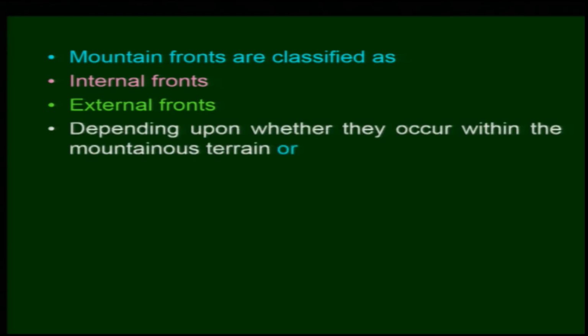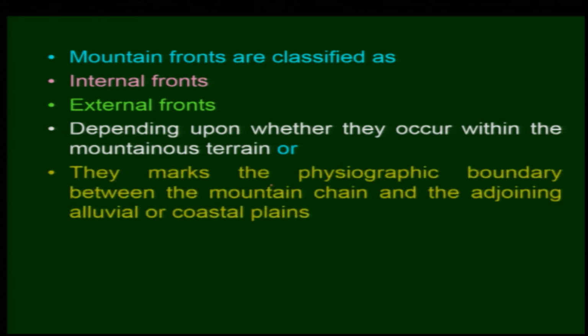Mountain fronts are classified as internal as well as external fronts, because we will be able to see the mountain fronts not only in the frontal part but also in the internal, or hinterland, side. It depends upon whether they occur within the mountain terrain or mark the physiographic boundaries between the mountain chain and the adjoining alluvial or coastal plains.